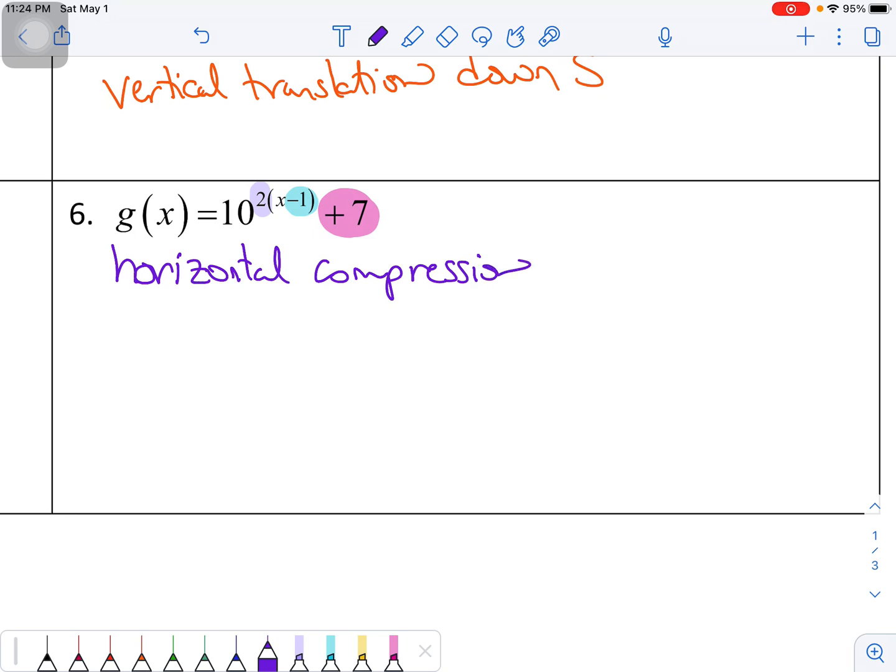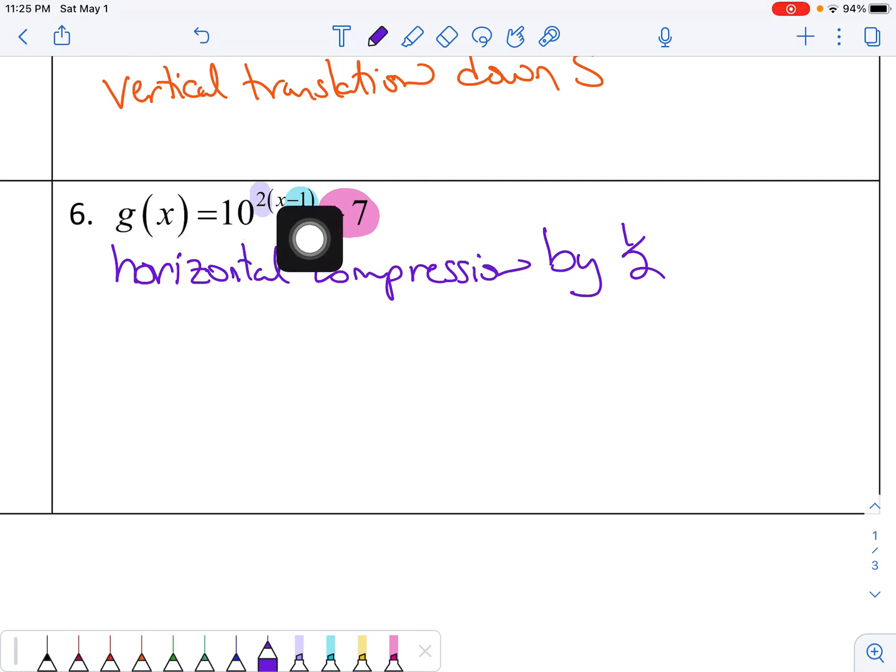I know it looks like you're supposed to be stretching away, but it's actually, because it's horizontal, it gets all kinds of weird stuff going on. But anything that's multiplied times x that's greater than 1, and so in this case 2 times x, is actually a horizontal compression by the reciprocal, which would be 1/2. All right, and actually I lost the word by, so let me put that in there. So horizontal compression by 1/2.